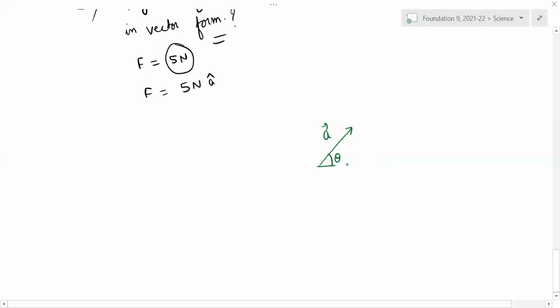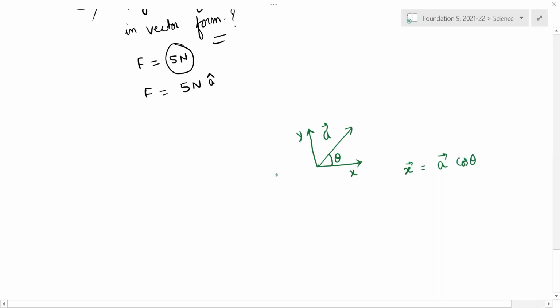Adjacent is the part attached to the angle, and opposite means which is not attached to the angle. Let's say this is x and this is y. So the x component of A vector will be how much? It will be A cos theta.